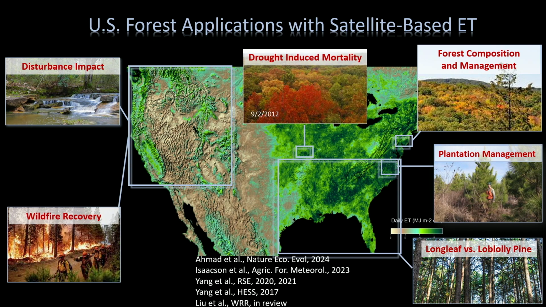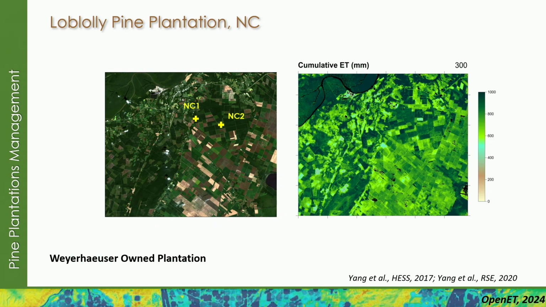The first one is the plantation management one, and the second one is the drought-induced mortality one. The first one is the one I always like to talk about in detail, because it really demonstrates the capability of the two-source energy balance method to estimate forest landscape evapotranspiration.